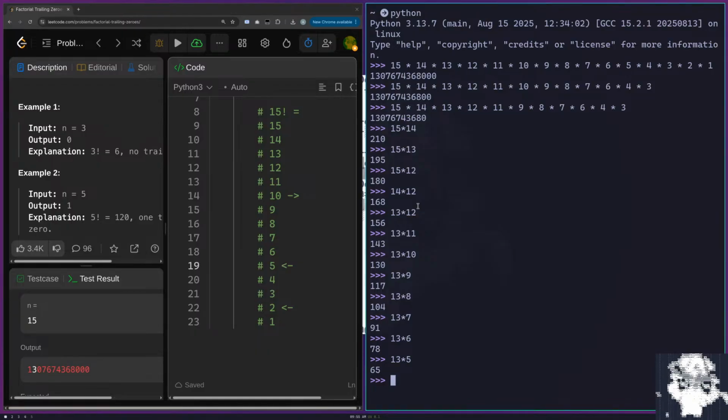So would I just have to find every pair, check if its product is divisible by 10? And if it is, take it out of the list and put, like I would put 21 back in the list instead of 15 and 14, and then check if 21 times anything else is divisible by 10.